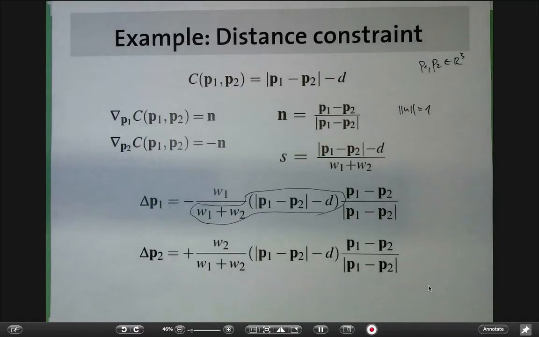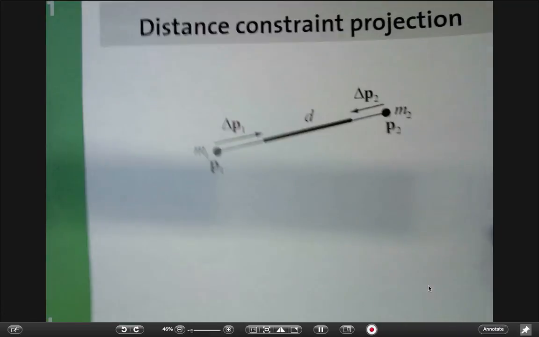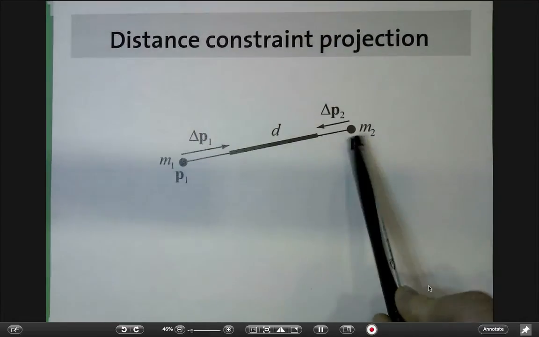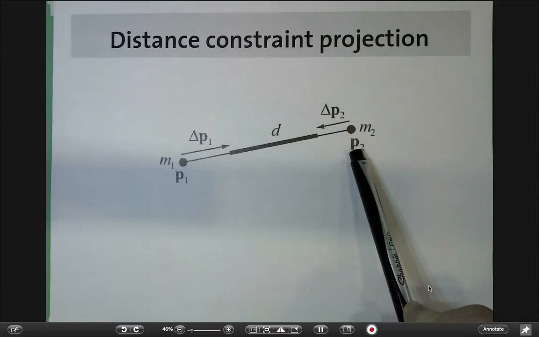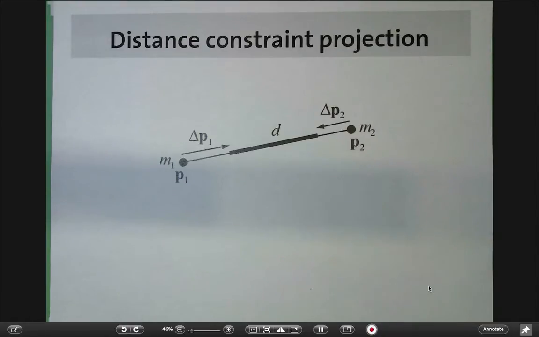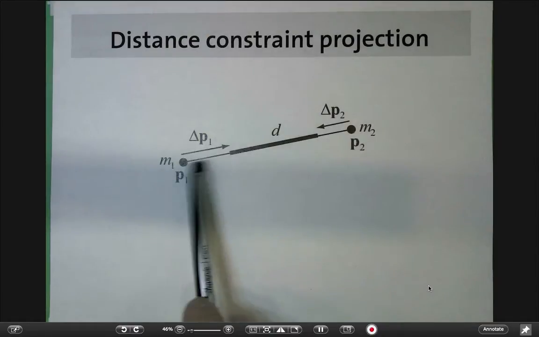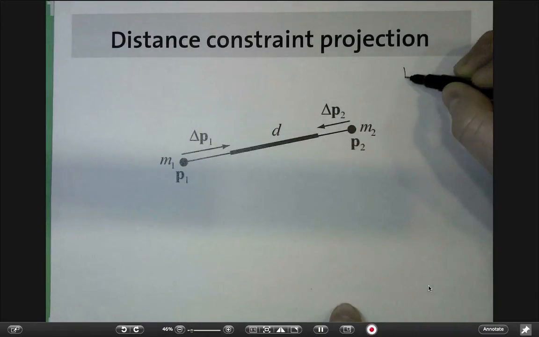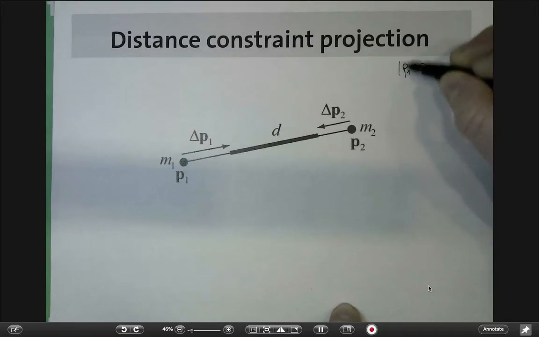Because geometrically, all that means is if I have 2 particles connected by a distance constraint, then what the constraint projection does is it computes the current length, that would be the p1 minus p2.